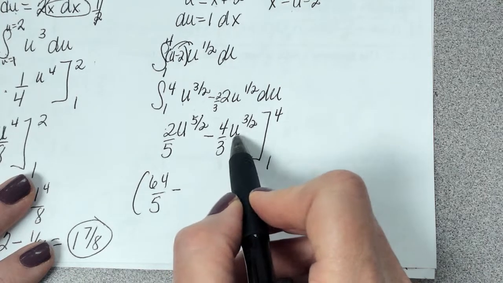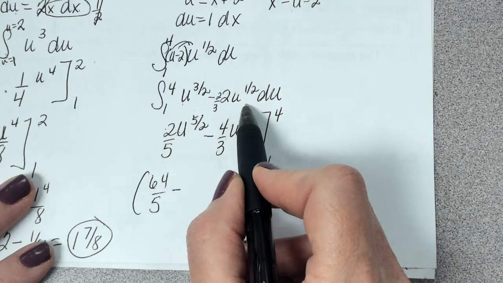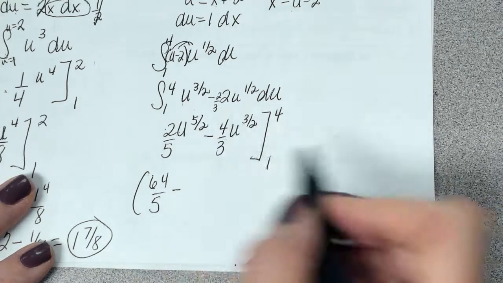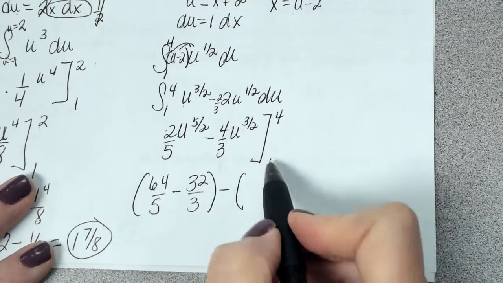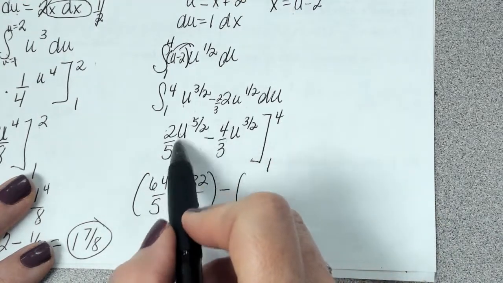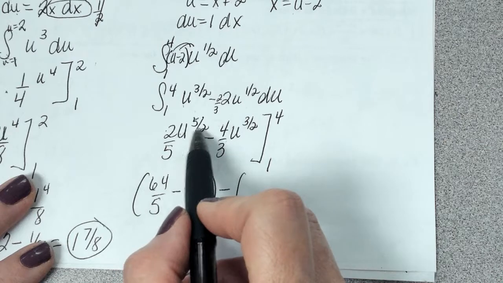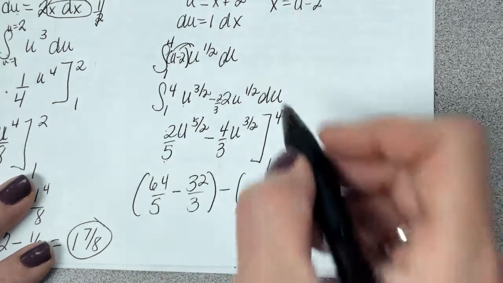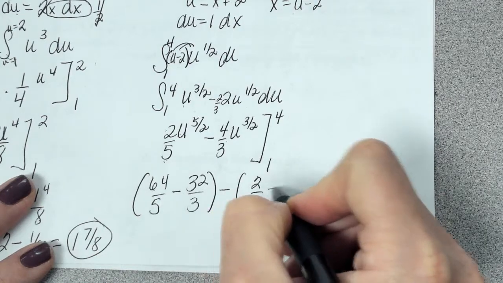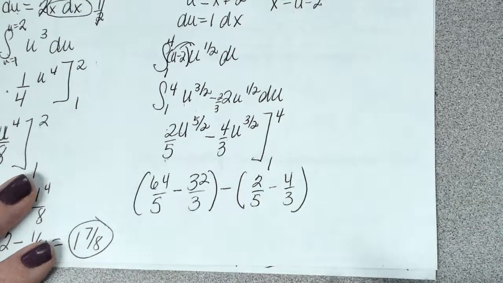What's the square root of 4? To the 3rd times 4. So we have minus 32 thirds minus, what's this going to be if I plug in 1? Just going to stay the same, right? Overall, 2 fifths minus 4 thirds.